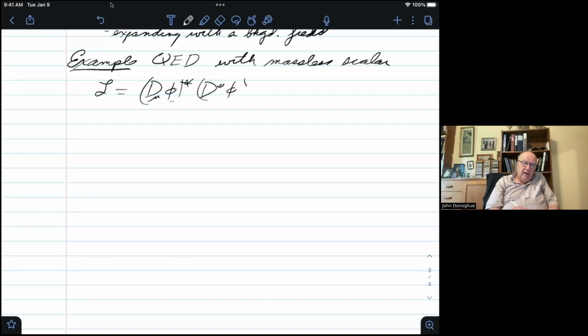So this is a complex scalar because that's how you describe charged particles in QED. And the Lagrangian is going to have a quarter F_mu nu F^mu nu. That's the original Lagrangian for the photons. And in here, we have D_mu plus i e A_mu, and we're going to keep A_mu as the background field.